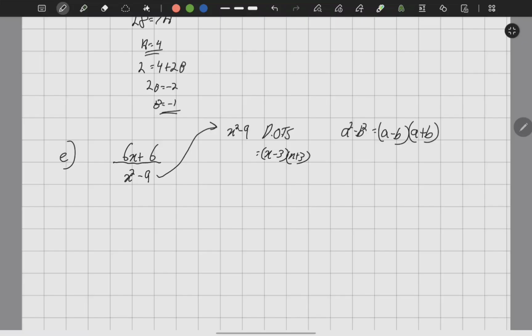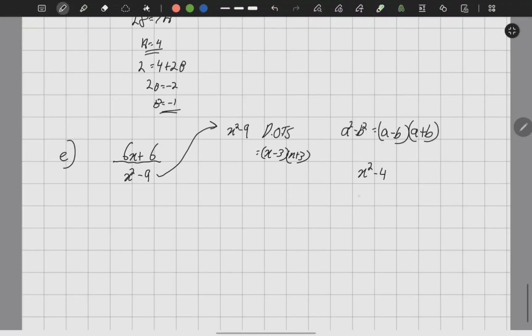For example, let's have x squared minus 4, just to make it simple. So we have a square number. The two factors would be x minus 2 and x plus 2. Why this works is because the middle term always cancels out.